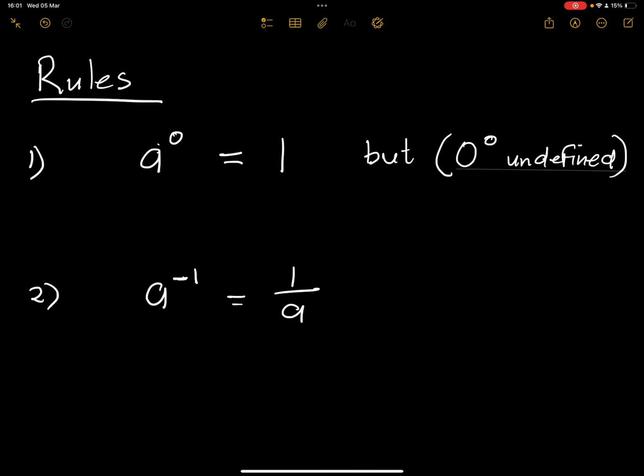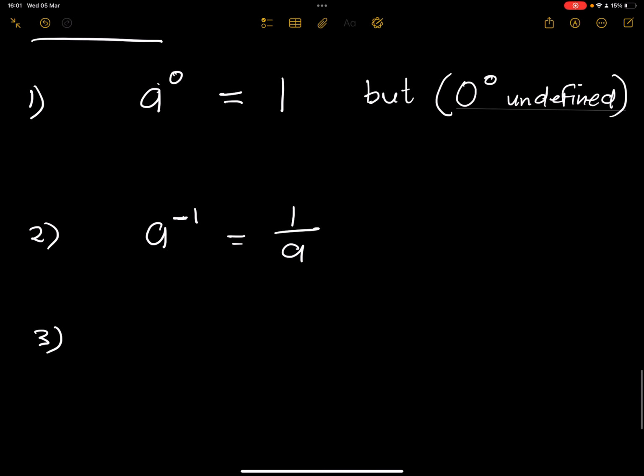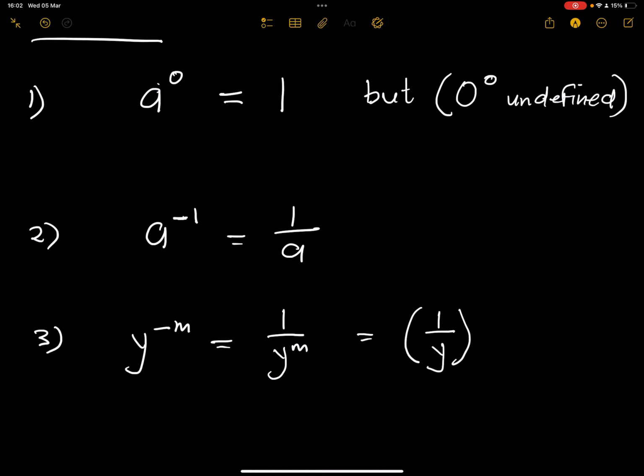Thirdly, what is my other rule? I can write it this way. If I've got y to the minus m, I've already shown you that we can write this as 1 over y to the exponent of m.